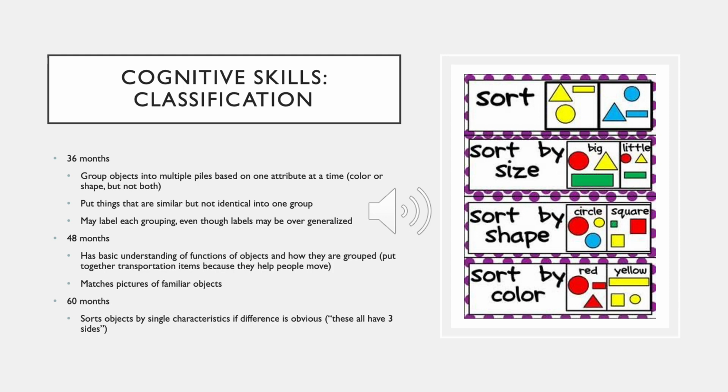By 5 years old, we're seeing that children can sort objects by various characteristics, and they're much more able to understand shapes specifically, and how triangles have all 3 sides.